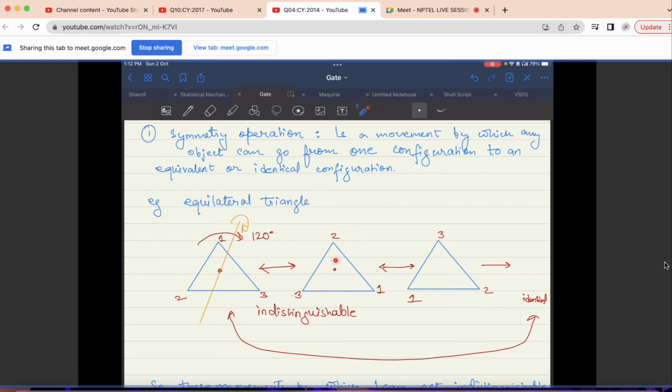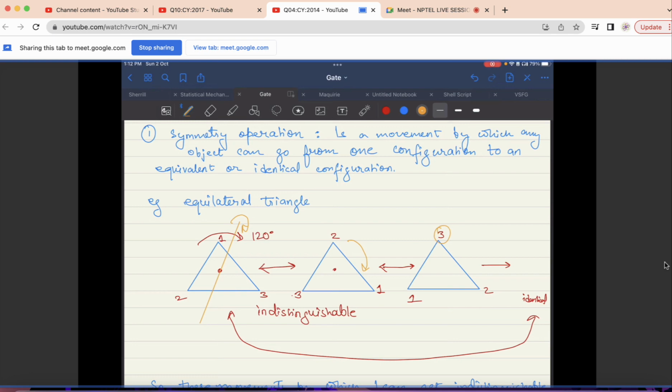So I will get 1, again my 2 will come here, and my 3 will go here, so this will be the rotation again.